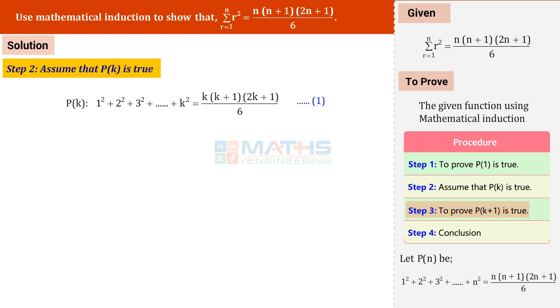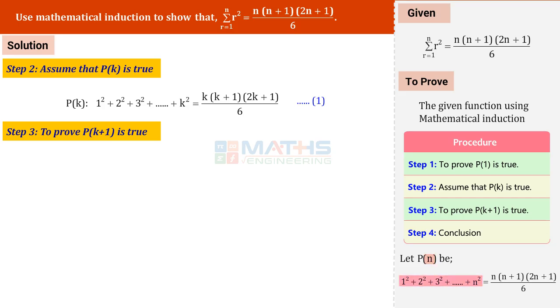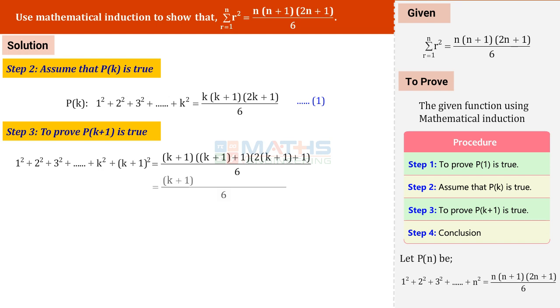Now we are moving to the next step. We are going to prove that P of k plus 1 is true. What is P of k plus 1? In P of n, we substitute n as k plus 1. The left hand side is 1 square plus 2 square plus etc. k square plus the last term, n is equal to k plus 1, so we get k plus 1 the whole square, is equal to, in the right hand side wherever you find n, you make it as k plus 1.